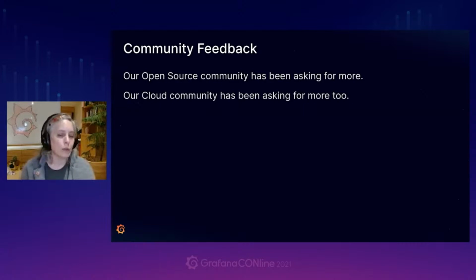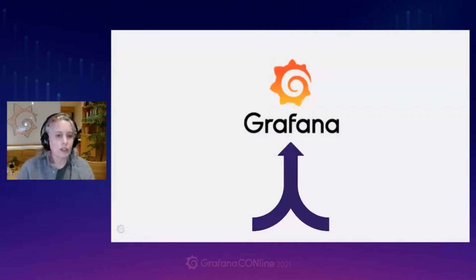So we had people working on Grafana open source, and we had people working on Grafana Cloud, and we were splitting our efforts as well. So this was not ideal for Grafana Labs either. We wanted to unite our efforts and to create a single alerting solution and to work on this for both the open source and for the cloud users and customers.